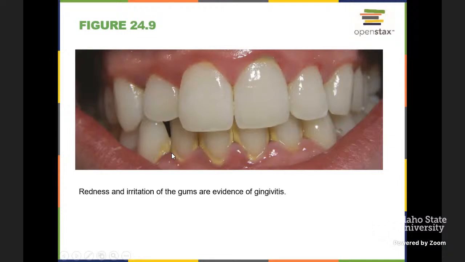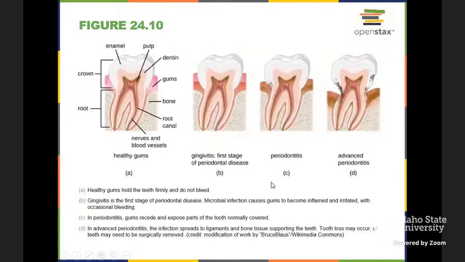So now we can see maybe the same image that we left off with on Monday. The plaque and the potential for the gums to become irritated as a result of the microbes colonizing. So we can see redness and some inflammation. This is evidence of gingivitis. So removing this, seeing the dentist regularly helps to ensure that that's not occurring.